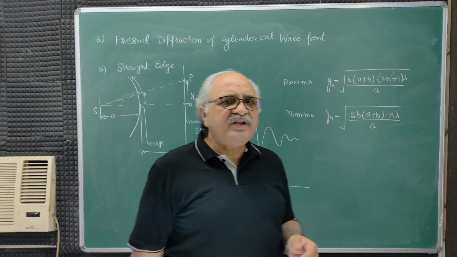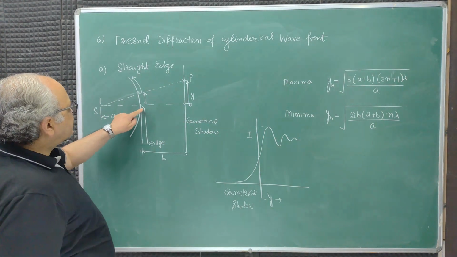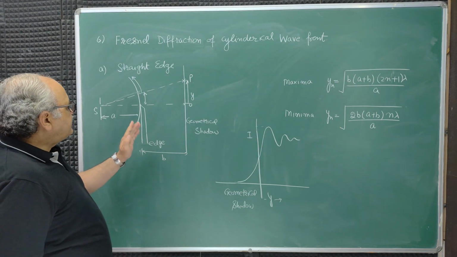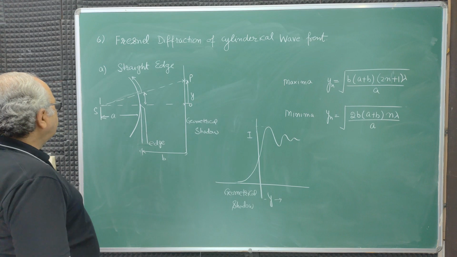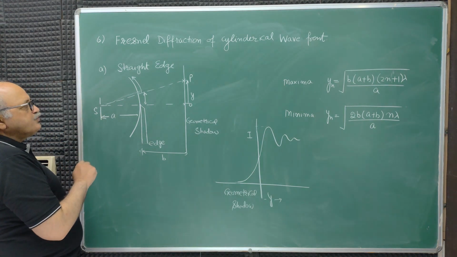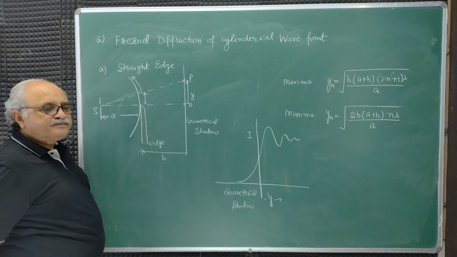So let's first of all take the Fresnel diffraction by the straight edge. This is a blockage in the path of the light. This is the line source which is producing the cylindrical wavefront.